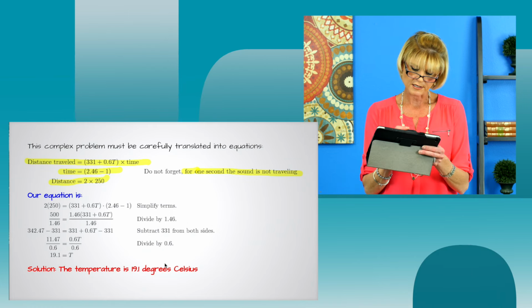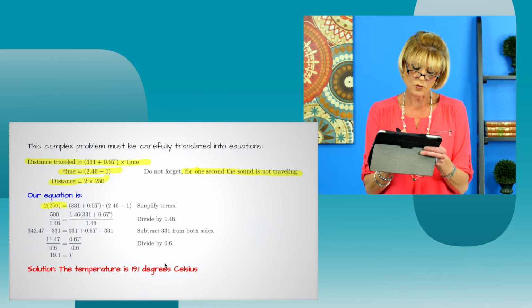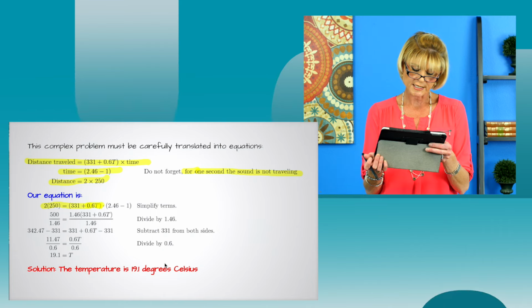So our equation is going to come out like this: 2 times 250 equals (331 plus 0.6T) times (2.46 minus 1).